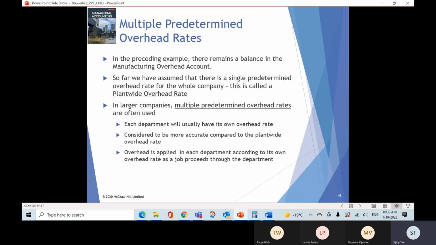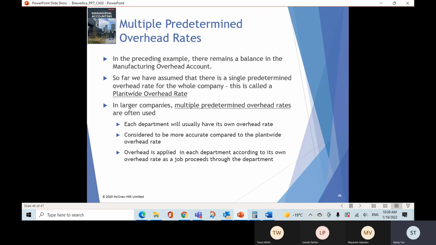A debit balance in the manufacturing overhead account indicates more overhead has been incurred than has been applied to inventory, and overhead is underapplied. A credit balance indicates more overhead has been applied than has been incurred, and overhead is overapplied. It's a little bit tricky, but when you go through the examples in your textbooks, you should be getting it.